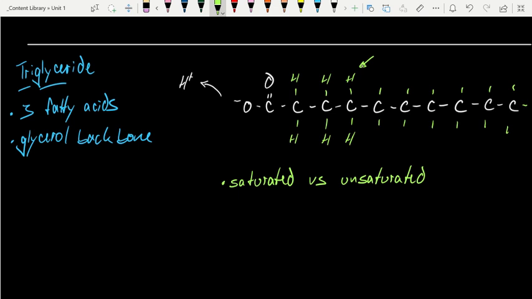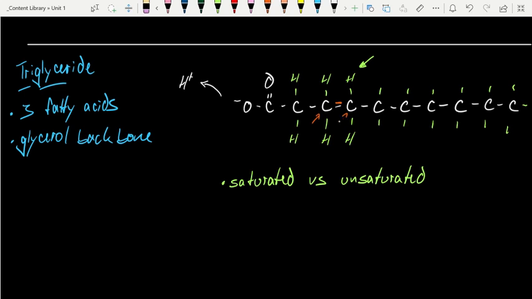Well, what would happen if we came in and put a double bond, so an extra bond right there? Now we've got a carbon-carbon double bond in the primary carbon chain. Both of those carbons, this carbon and this carbon, are now making 5 bonds each, and that doesn't work.